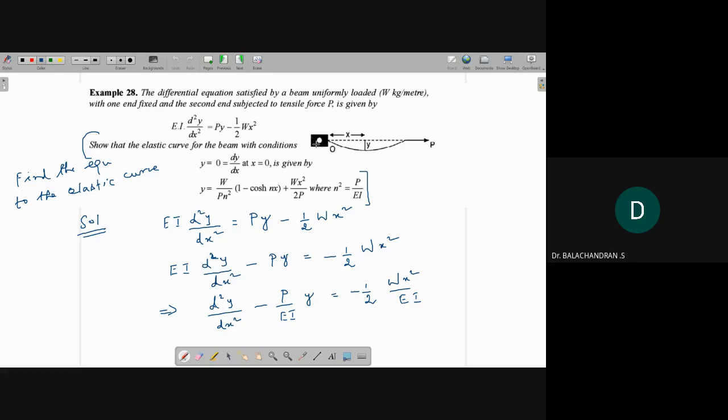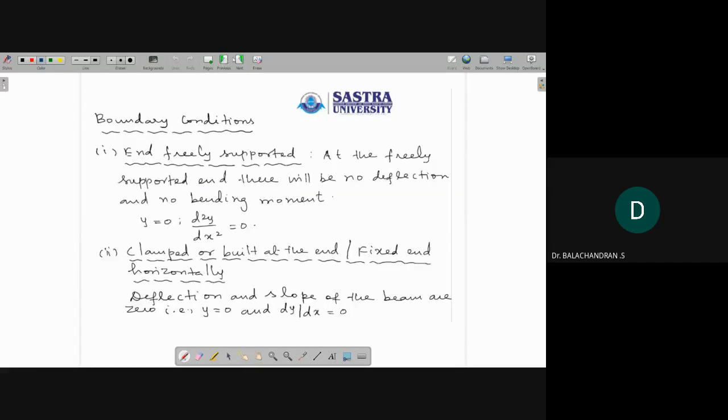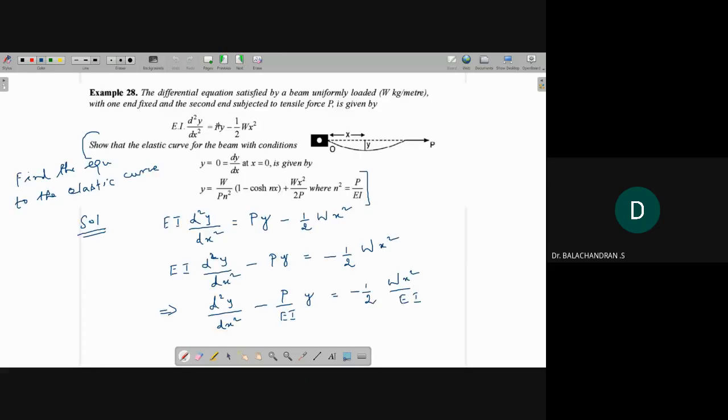For fixed end, usually what is the boundary condition? Clamped or fixed end, y equal to 0, dy by dx is equal to 0. This end is x is equal to 0. This end is x is equal to L.